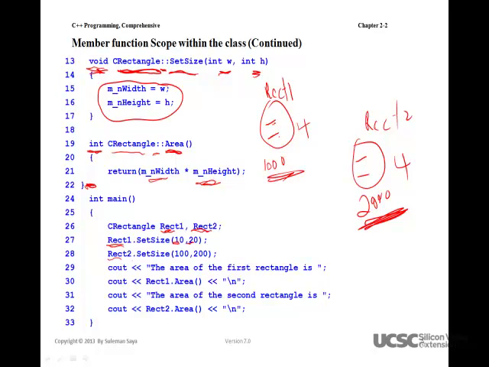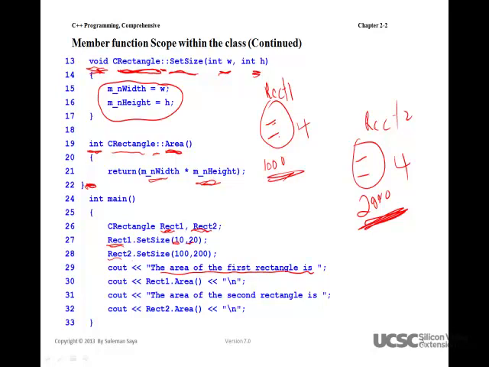So at line number 29, all I'm doing is displaying this string on the console window. By giving it to the cout, it will just put this message on the console window.